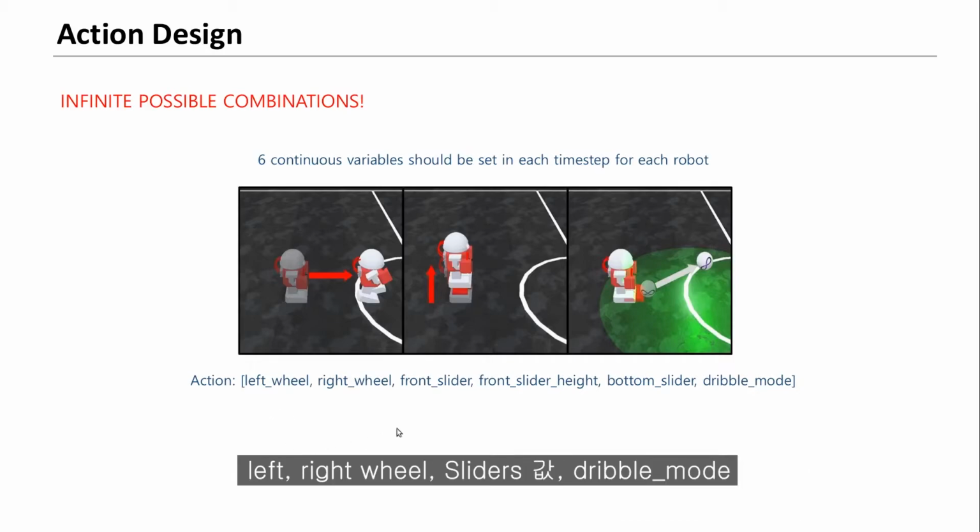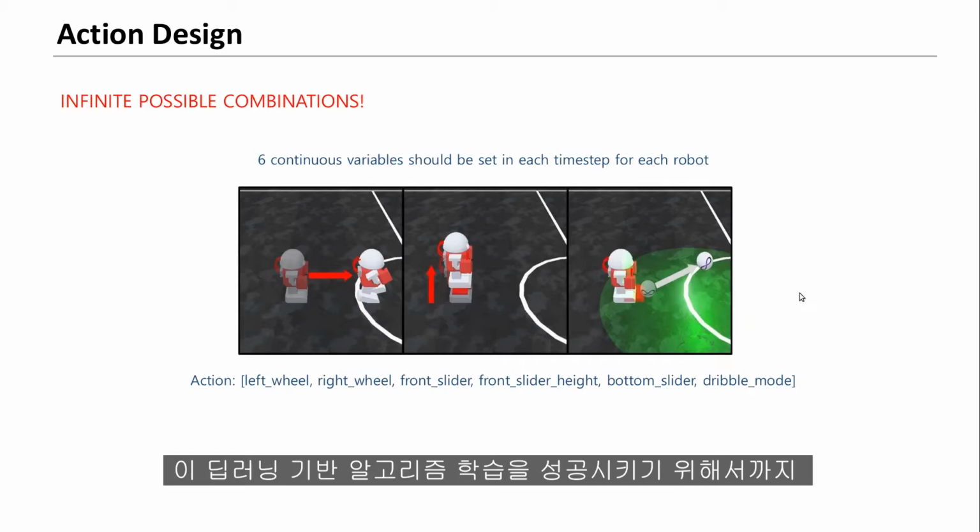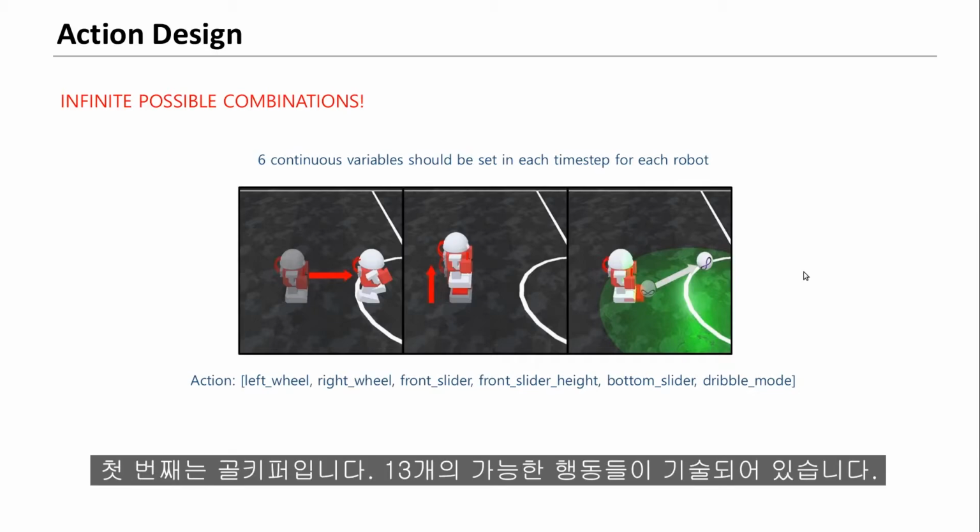These define our left wheel, right wheel, our slider values, and the dribble move. So in order to make the exploration easier for your deep reinforcement learning algorithm, we are going to discretize and choose just a set of possible actions for our robots. What are going to be these actions?